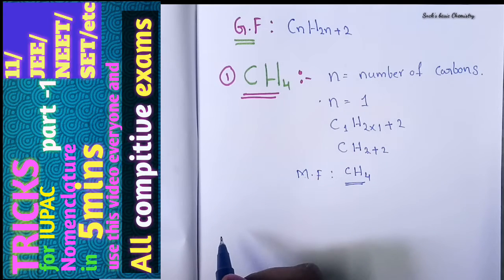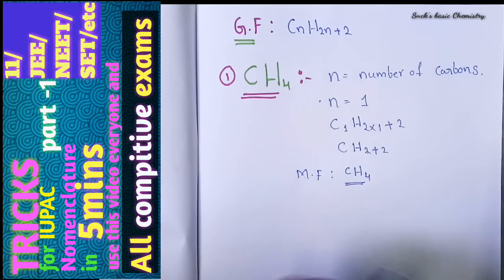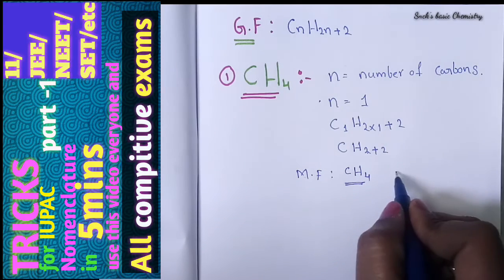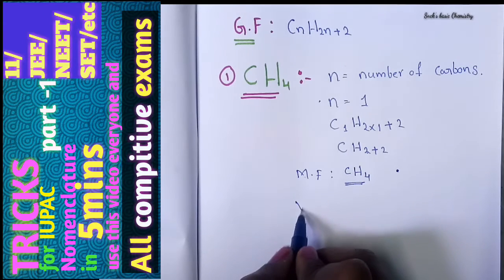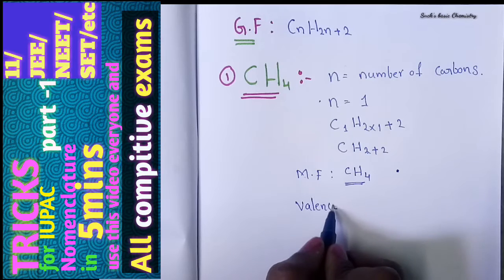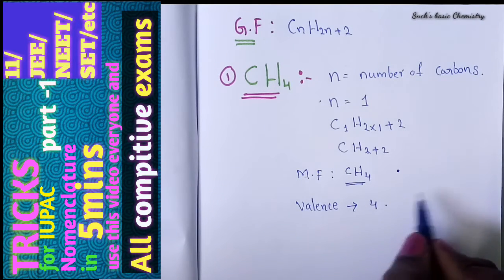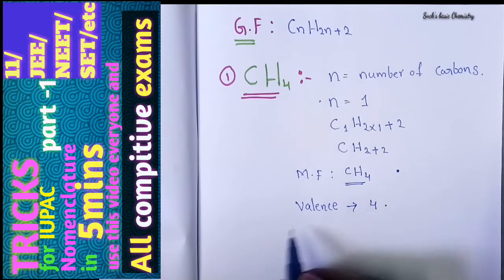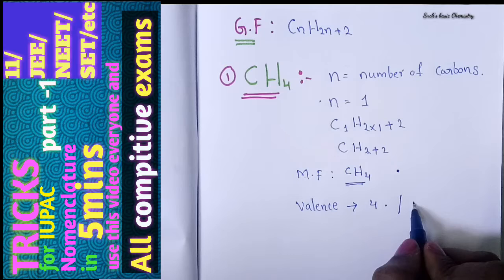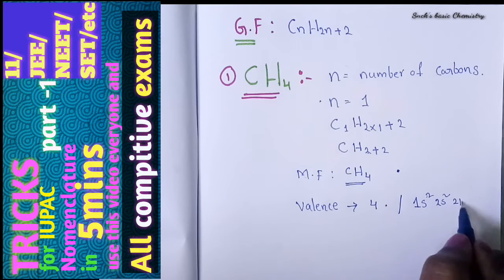Next, draw the structure of methane. How to draw the structure? We use the valency of carbon. What is the valency of carbon? Valency 4. According to the periodic table, the group number is also the valency. We can also take the valence electronic configuration of carbon, 1s2 2s2 2p2.